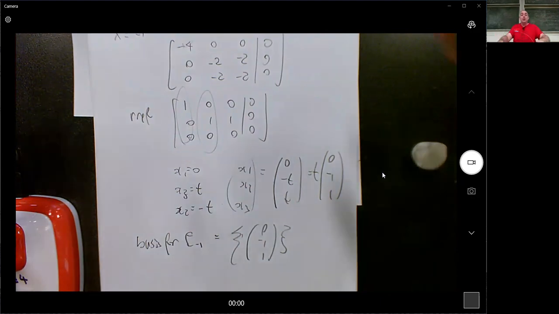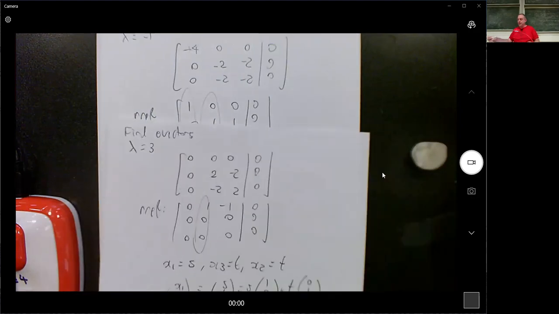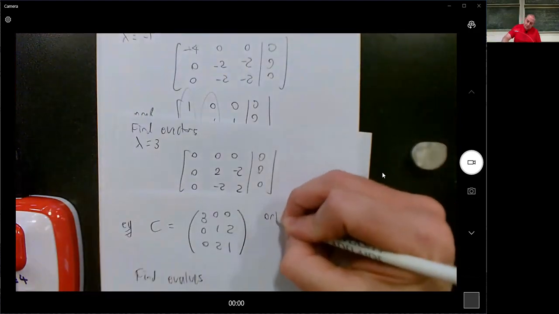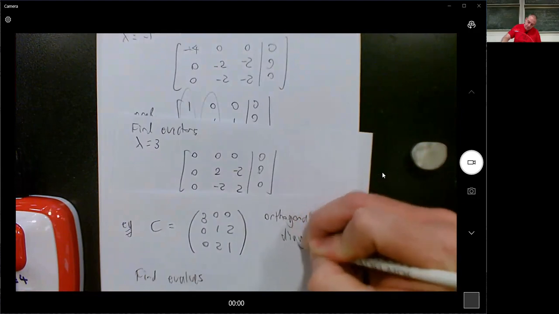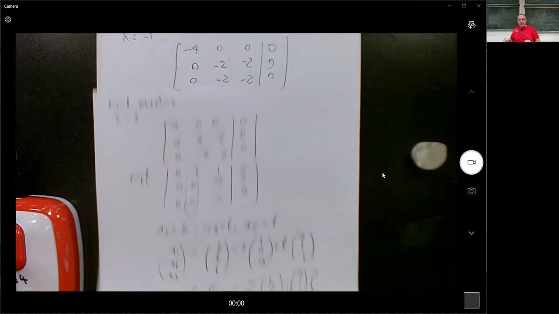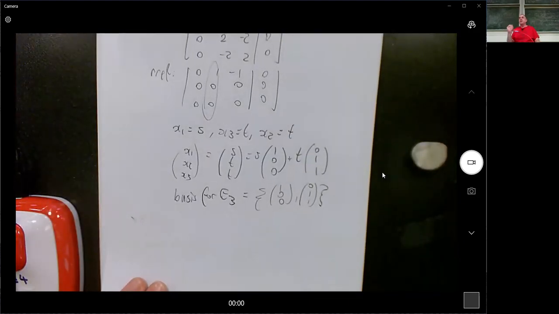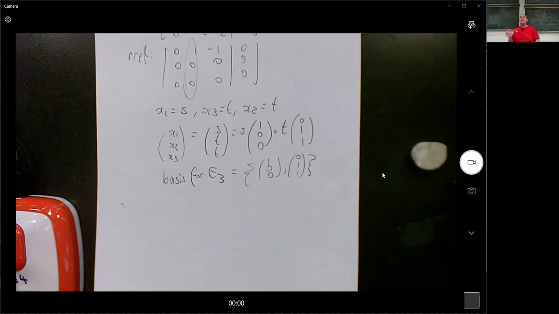But if I want to orthogonally diagonalize, then I have to make my vectors an orthonormal basis. But I only have to do it one eigenspace at a time.